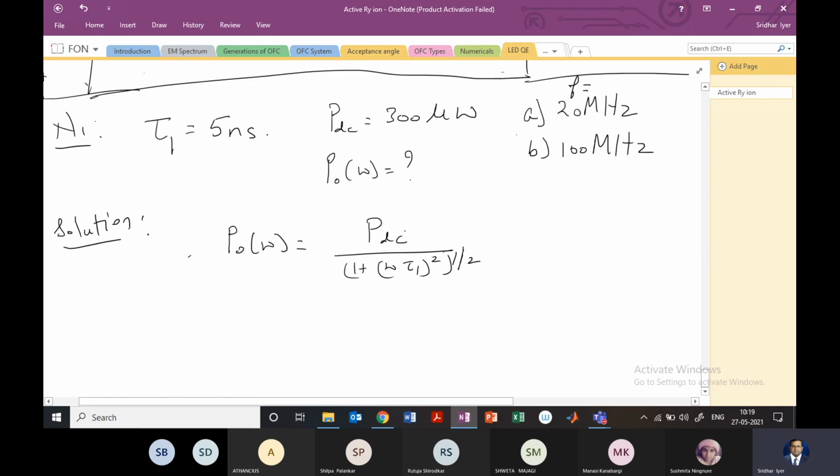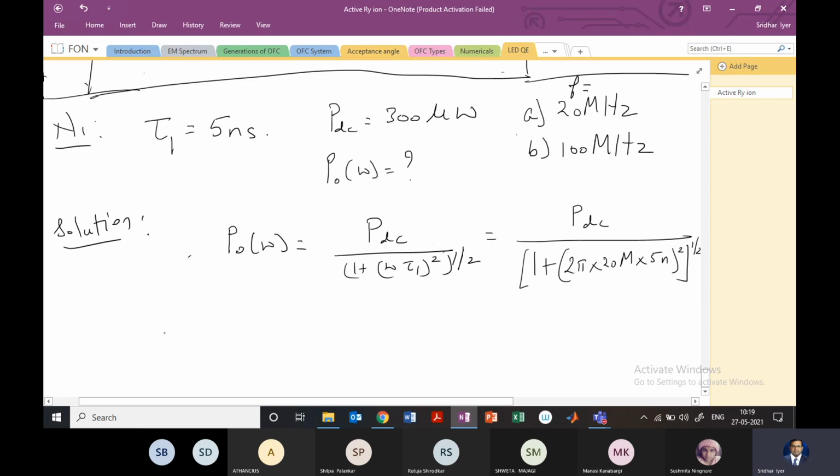Let's redo this. We can write this as PDC divided by 1 plus, now this will be 2 pi f. So 2 pi into 20 megahertz into 5 nanoseconds, square, raised to half. I had taken 2 pi f, I just forgot to mention that. I think you'll get the same answer.